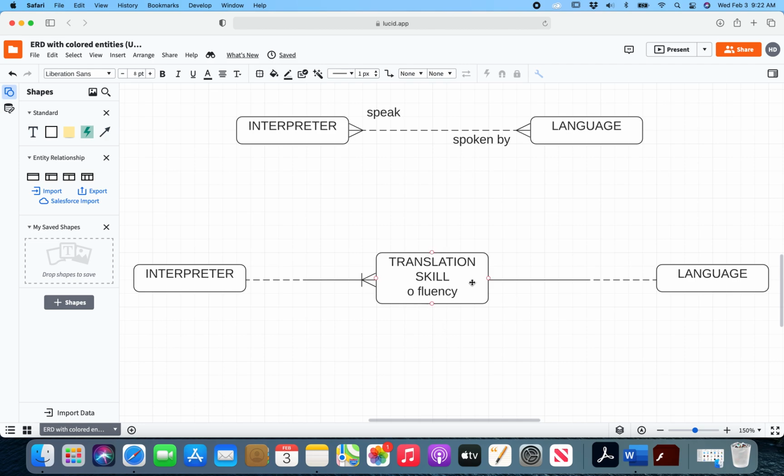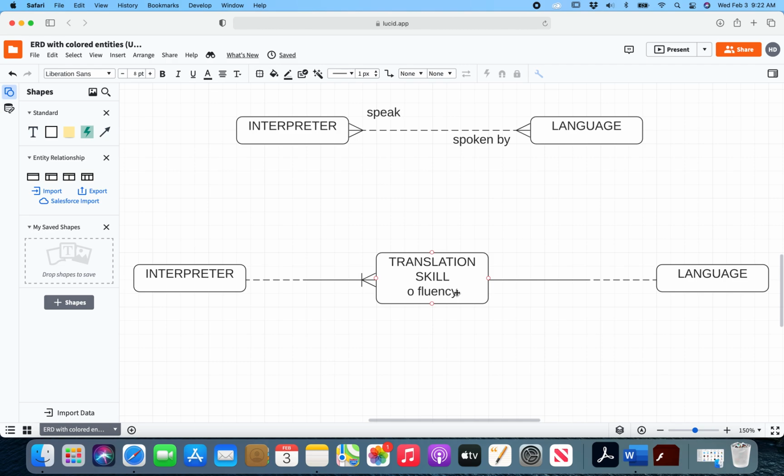Now, going from translation skill to language. If there's an interpreter with translation skill in a given language, you're not going to have more than one skill level for each language for one interpreter.